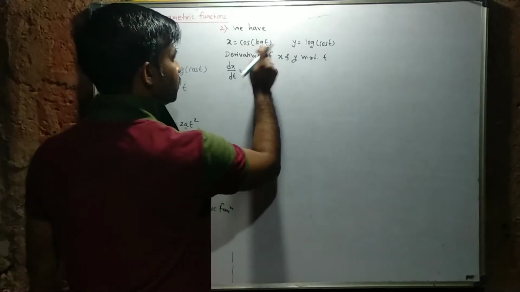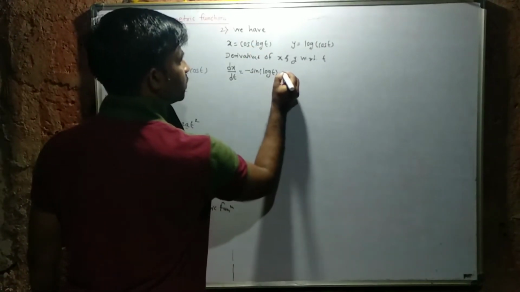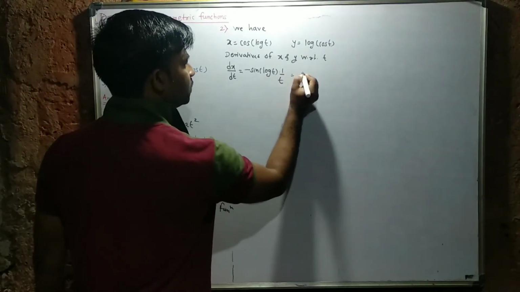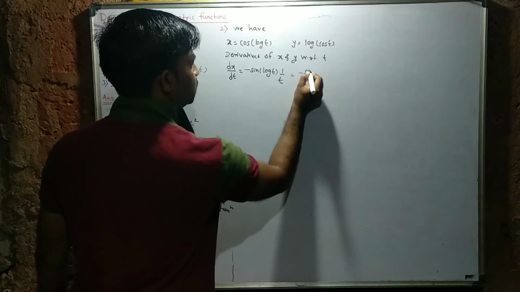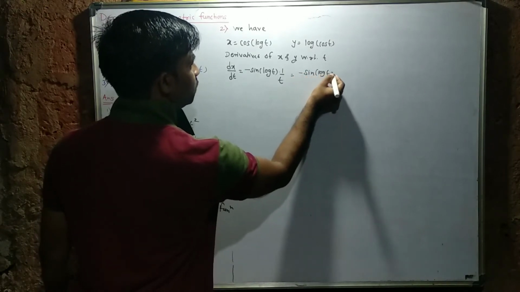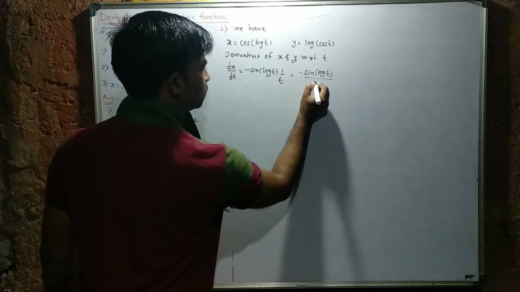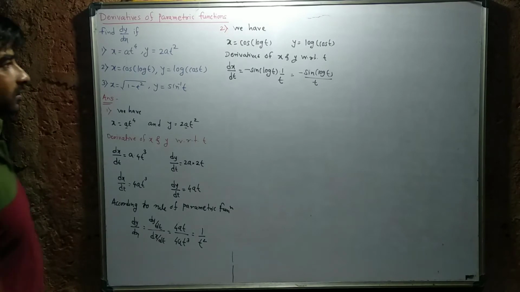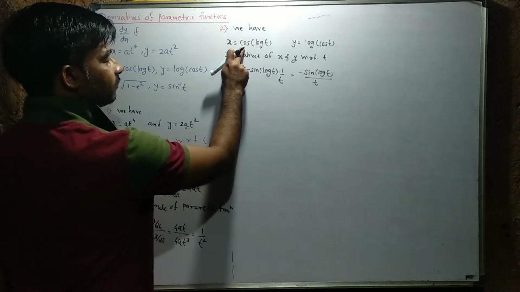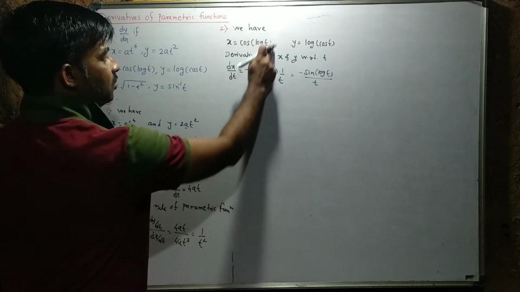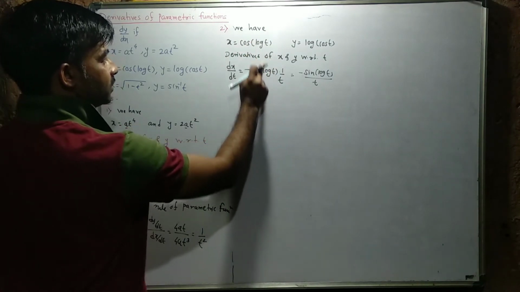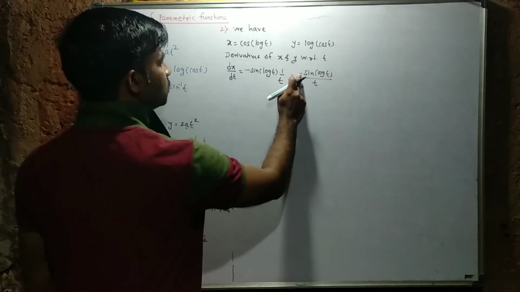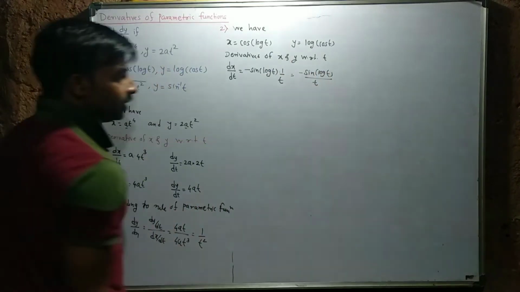Then we have to take the derivative of log t, which is 1 divided by t. Therefore dx by dt is equal to minus sine log t divided by t.